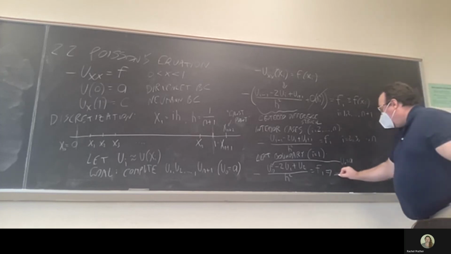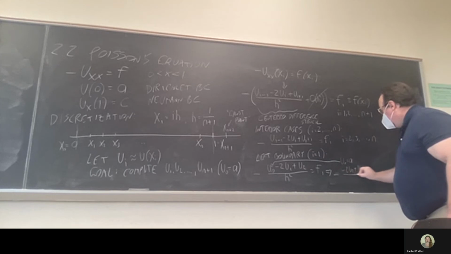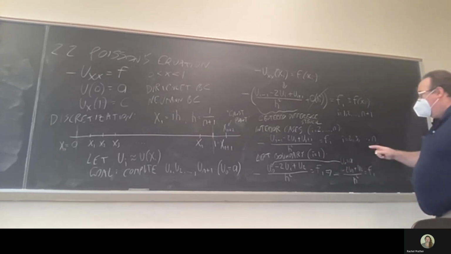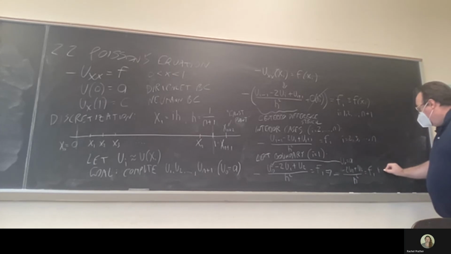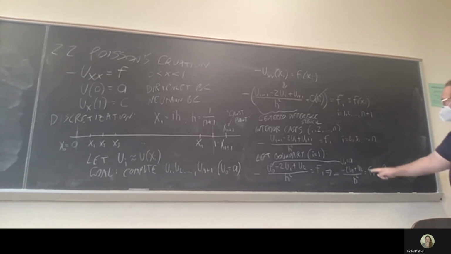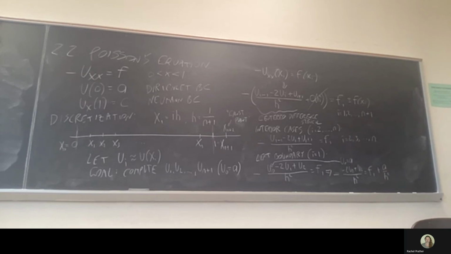We're going to have minus, and then everything else in here is equal to f_1 plus a over h squared. In other words, your right-hand side of your system of equations is normally just f. But for the first equation, for i equals 1, we have this extra term that comes from a boundary condition.